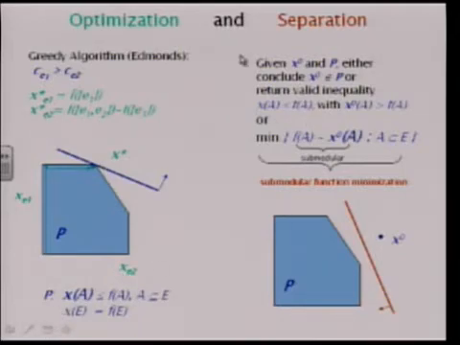And of course, in this part, we want to say if there's a legitimate test on whether this point is inside the polyhedron, then this problem is in fact equivalent to minimizing a submodular function.